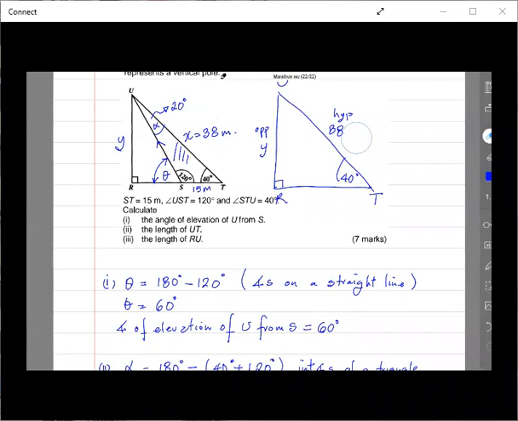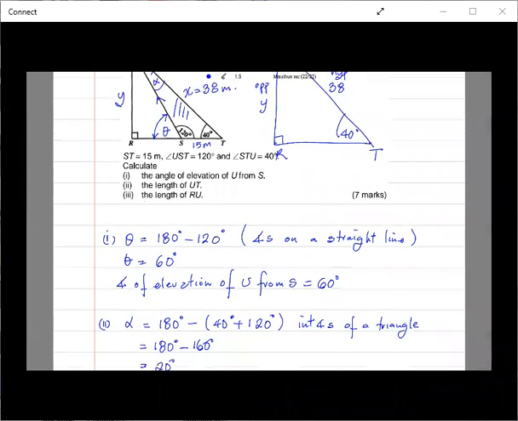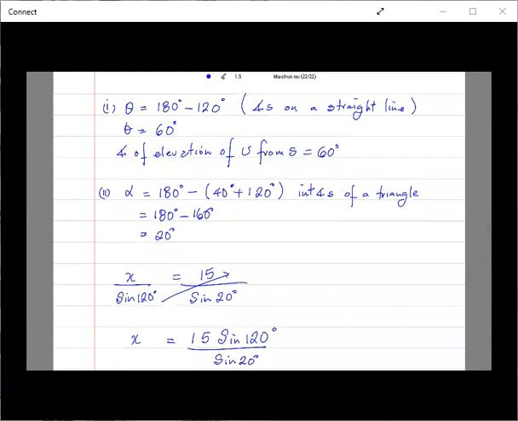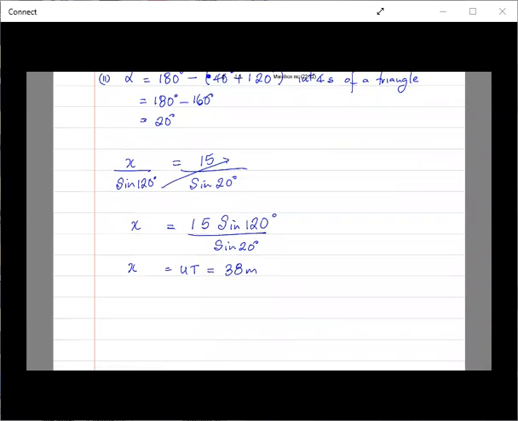The ratio that includes opposite and hypotenuse is sine. Just going to make this clear, this is 38, it looks like 88, and this is the hypotenuse. So I'm going to say sine is equal to opposite over hypotenuse.